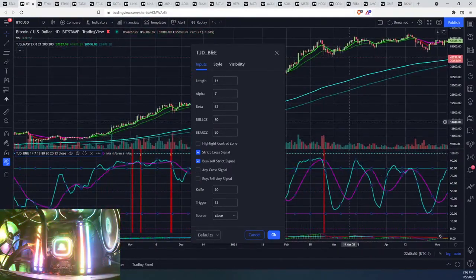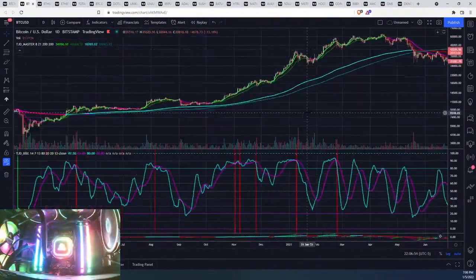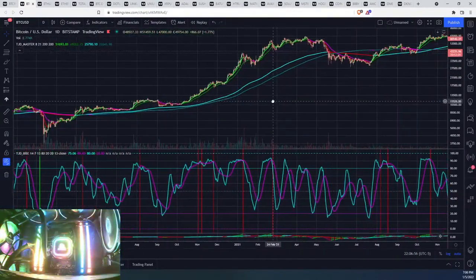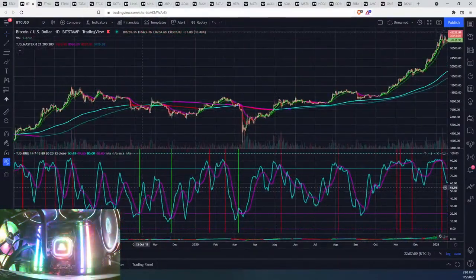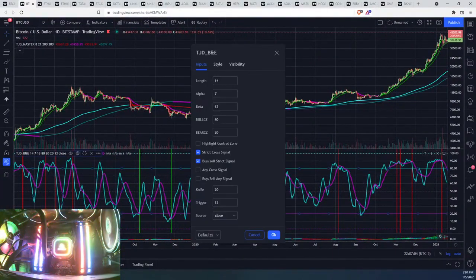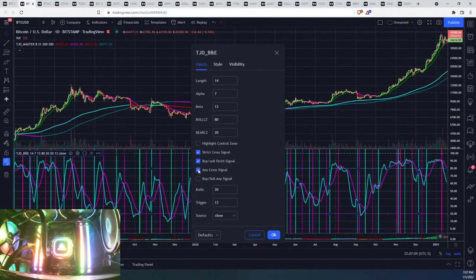And then if we look at the comparison between the two, let's zoom out here and look at an area where we have bull and bear ones. So we see obviously a bunch of areas where we have the green and the red here. We can turn on the any cross signal and see how they correspond.